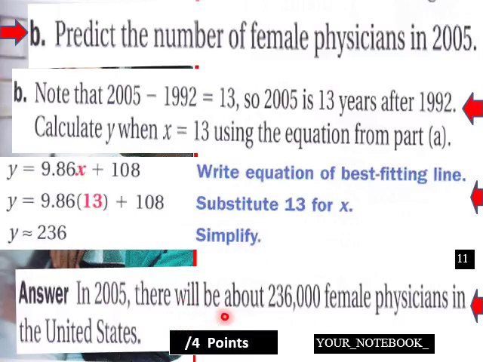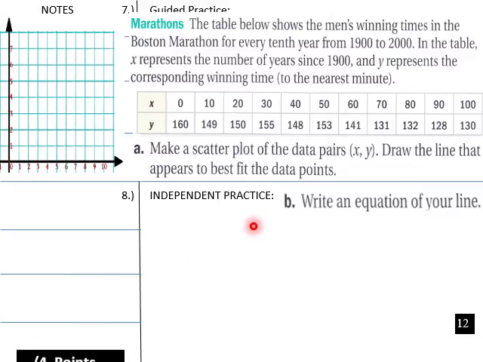So in 2005, there will be 236,000 female physicians in the United States, according to that model. Who knows?